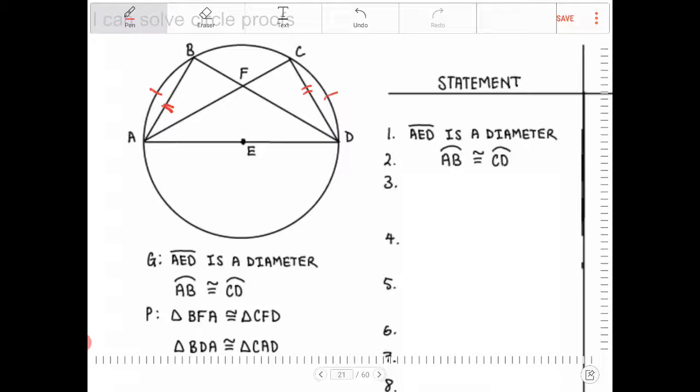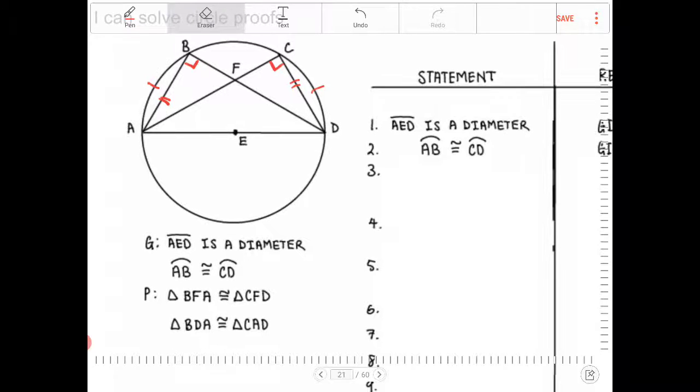I also recognize that this angle over here must be a right angle because any triangle inscribed in a semicircle will be a right triangle. And I also immediately know that EAD must be congruent to itself because that side is being shared.